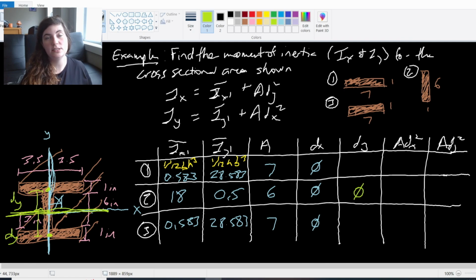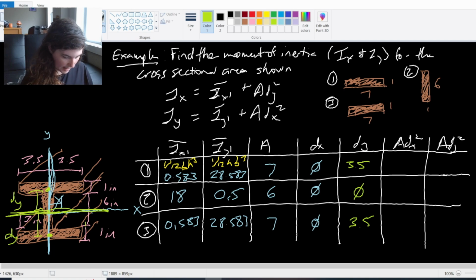And again, they're exactly the same, right? So this distance here tells us is 3 inches, plus it's halfway through the inch down here. So that's going to be 3.5 inches. 3.5 is my dy in either direction. Again, I'm doing absolute value. I'm just doing distance to the centroid itself. I'm not doing positive or negative there.